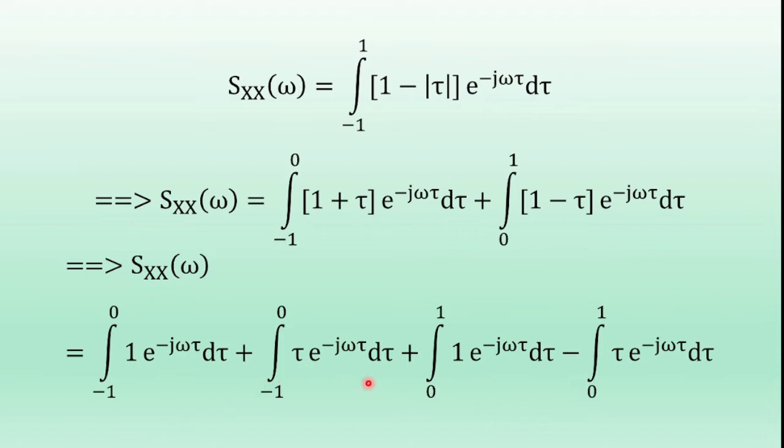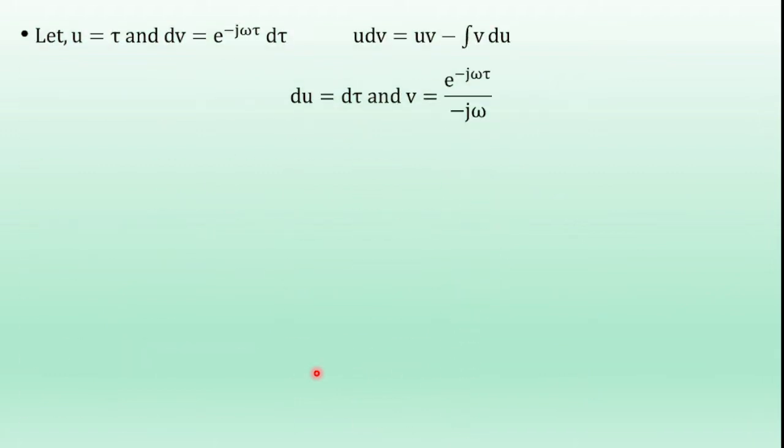For the second term and fourth term, we use the udv concept. So integral of udv is uv minus integral v du. Here tau is considered as u, and e power minus j omega tau is considered as dv. U is equal to tau, dv is equal to e power minus j omega tau d tau.